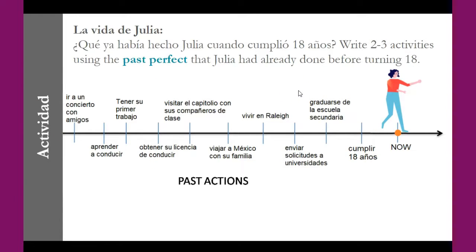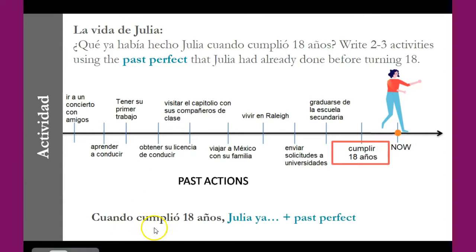So using the past perfect, I want you to write 2-3 activities that Julia had already done before turning 18. So I want you to use the structure cuando cumplió 18 años, when Julia turned 18, Julia ya, Julia already, and what activities had Julia already done.